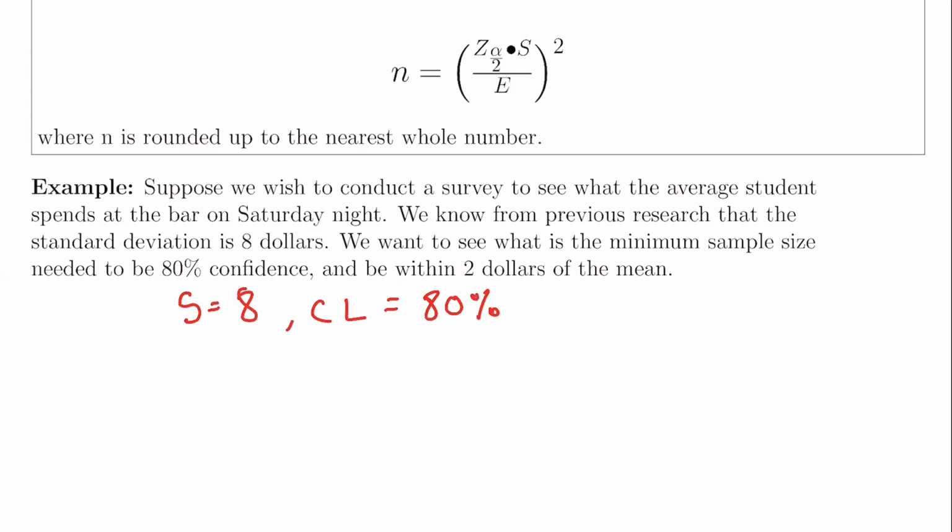I'm going to use this confidence level to help me find what Z alpha divided by 2 is equal to. Lastly, it's telling us it has to be within $2 of the mean. Since that's what it has to be within, that's my margin of error. So E is equal to $2. So far, any questions? I've got S, the confidence level, and the margin of error.